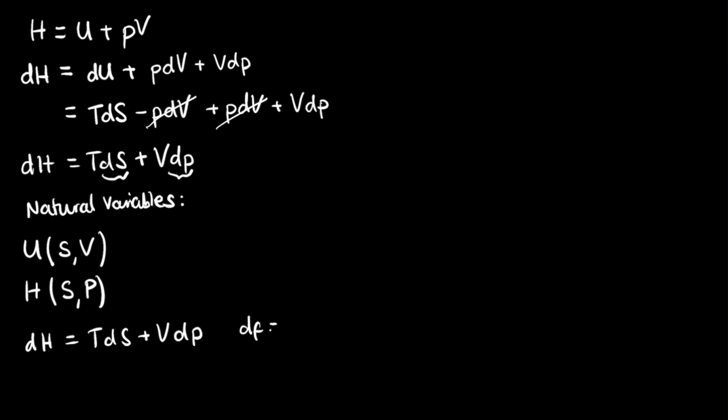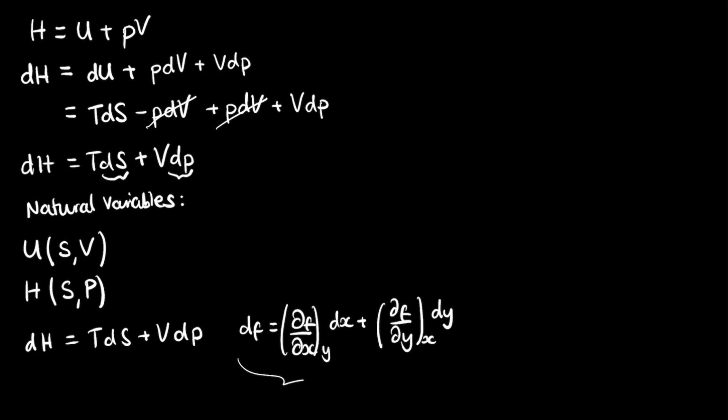It was dF equals partial f by partial x, keeping y constant, dx, plus partial f by partial y, keeping x constant, multiplied by dy. And so this has a similar form to this, really, doesn't it? It has variable times change in variable plus variable times change in variable.